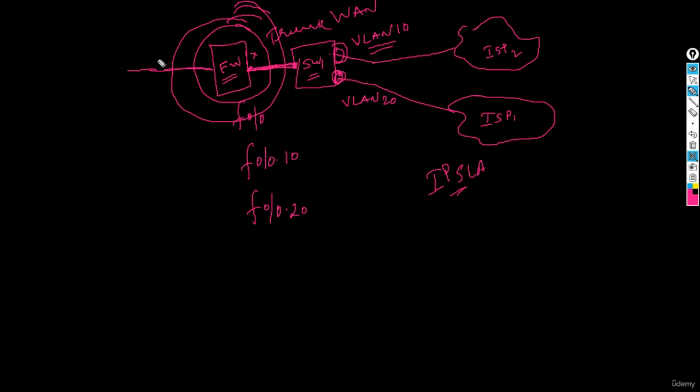Stateful firewall means we will have one table here. Imagine we are sending some traffic from here and it is going outside. We create the rules and policy, everything, here.